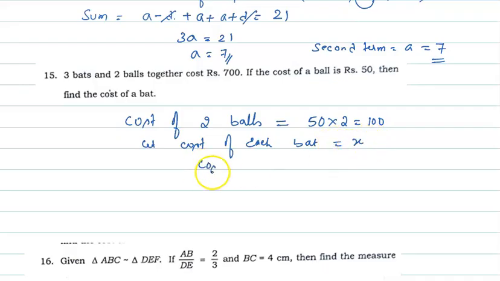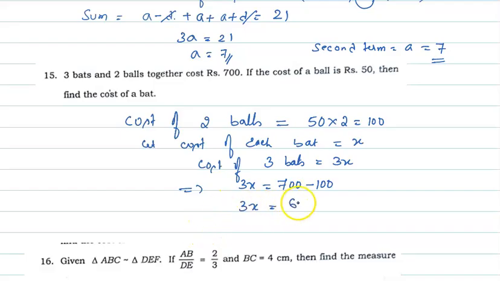So the cost of 3 bats is 3x. So this implies 3x is equal to the total cost minus 100 rupees, the price of the balls. So 3x is equal to 600, x is equal to 600 by 3, so that is equal to 200 rupees, the cost of each bat.